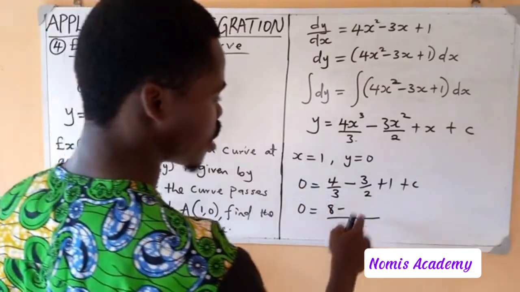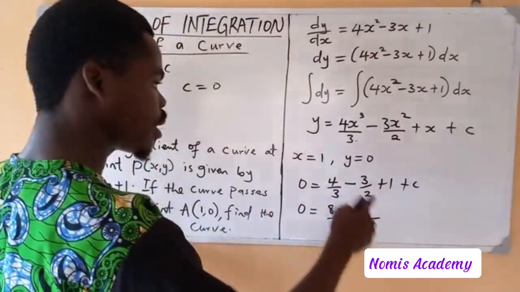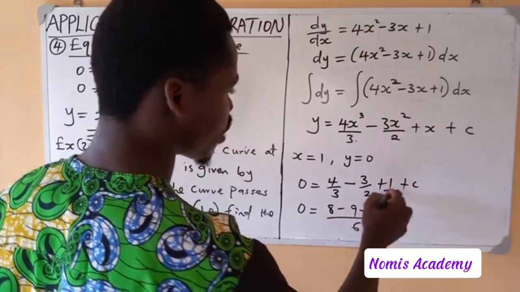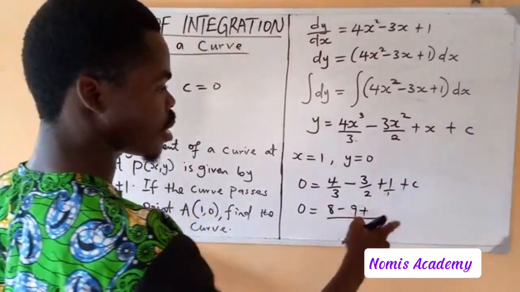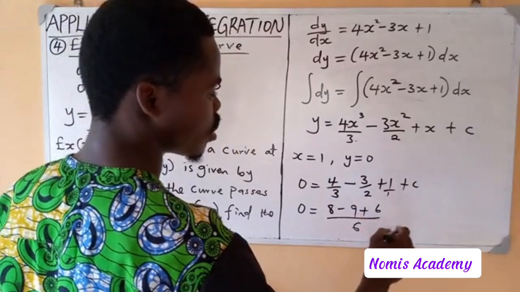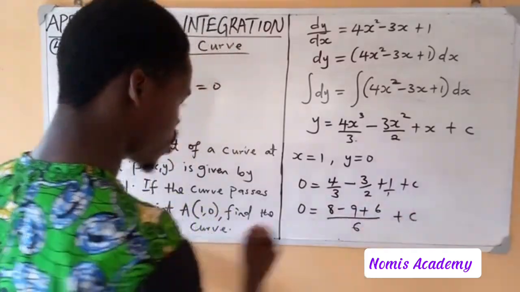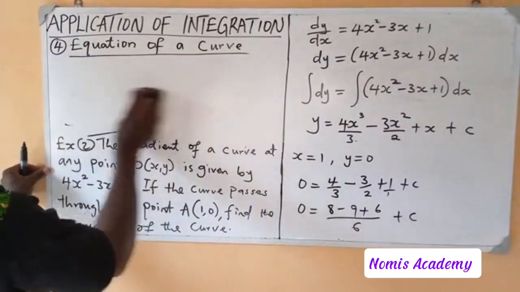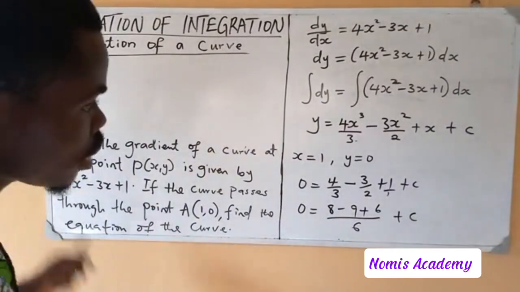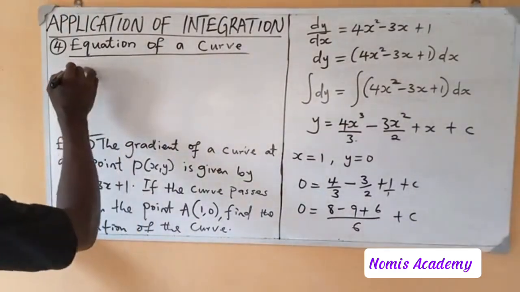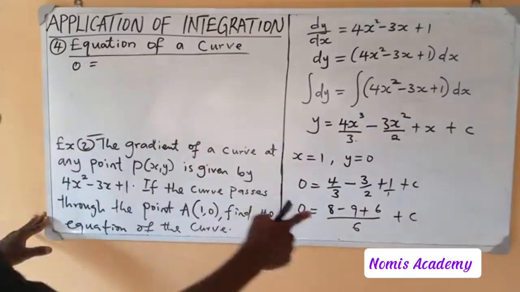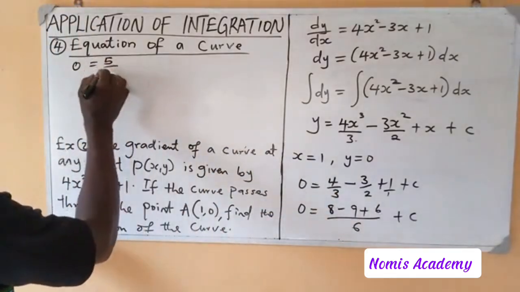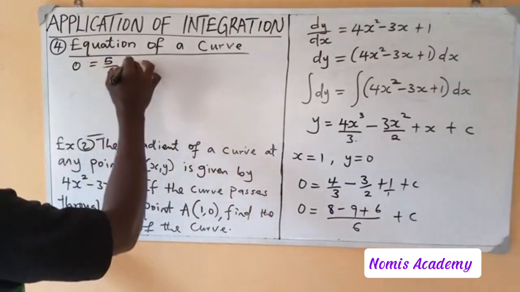Minus 6 divided by 2 is 3, 3 times 3 is 9. Plus 6 divided by 1 is 6, 6 times 1 is 6. So plus c. The whole thing becomes 0 equal to 5 over 6 plus c.